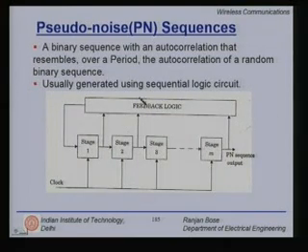One example could be as follows. So you have various stages. These could be flip-flops, and then there is a feedback logic, simple XORs, and then you output a PN sequence. How you tap these points depends on what kind of sequence you get.